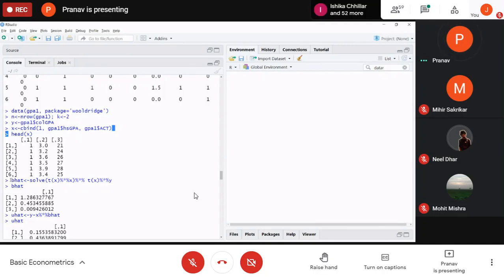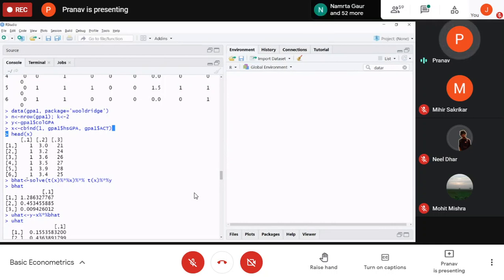Now, you see, the most beautiful point about R is that if you know the formula well, for whichever statistic you are using, you can write the formula exactly as it is in R. That's why using R for econometrics is very useful, because you can write your own function as long as you know the formula.